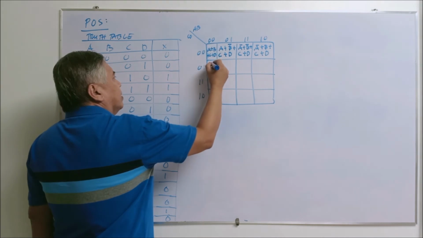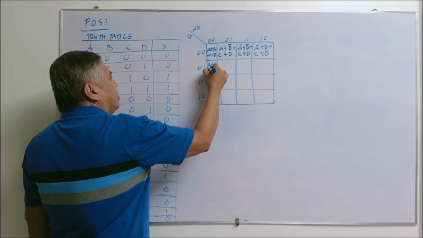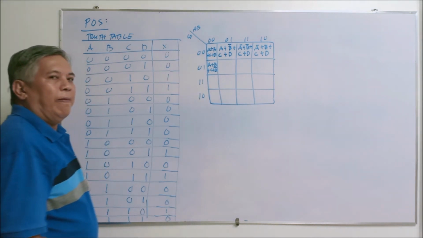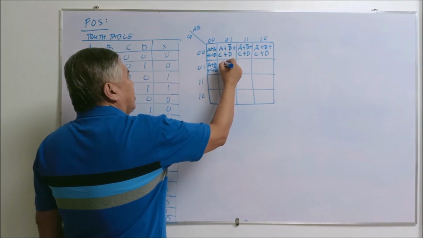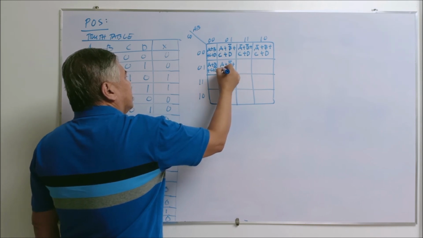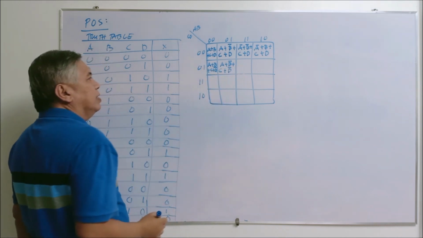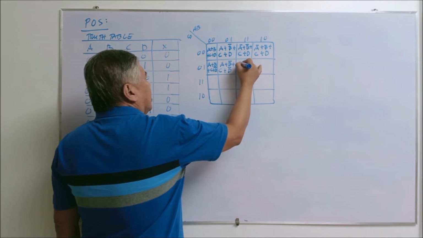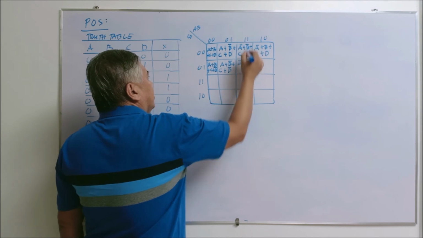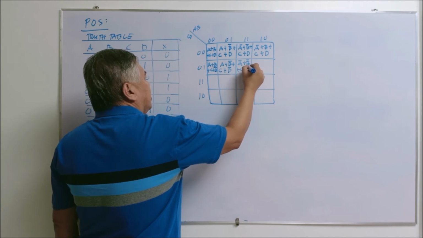Then you have A plus B plus C plus D complement. Then A plus B complement plus C plus D complement. Then A complement plus B complement plus C plus D complement.